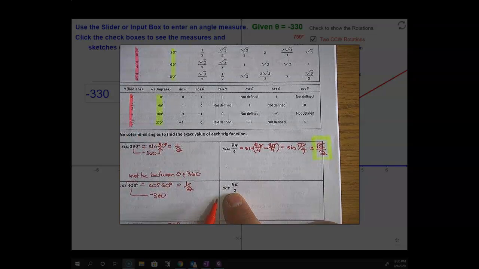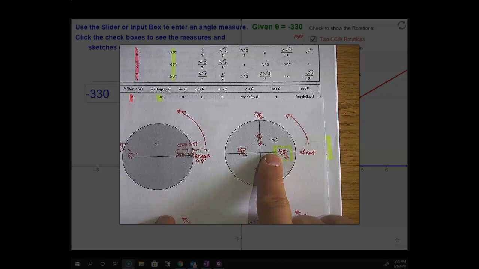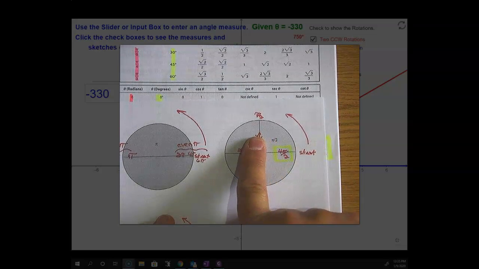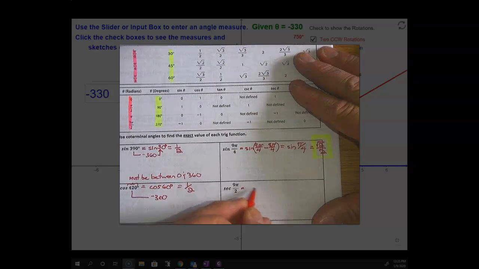Okay, 9 pi over 2. 4 pi over 2, 8 pi over 2, 9 pi over 2. So this one would be the same as pi over 2.